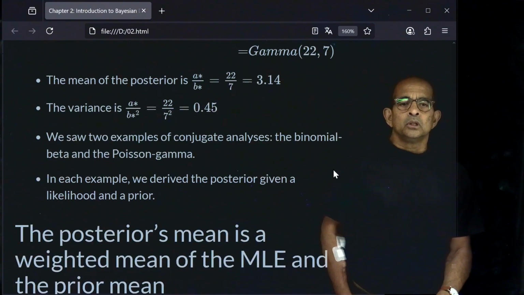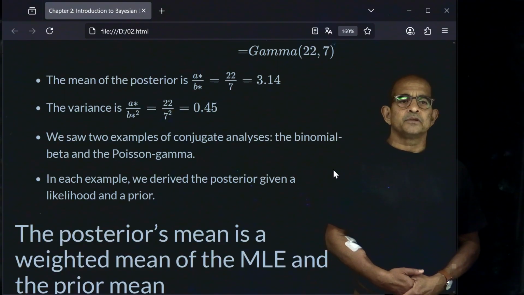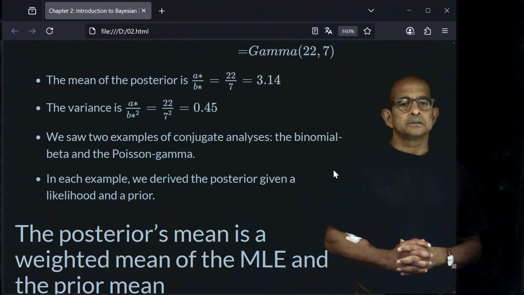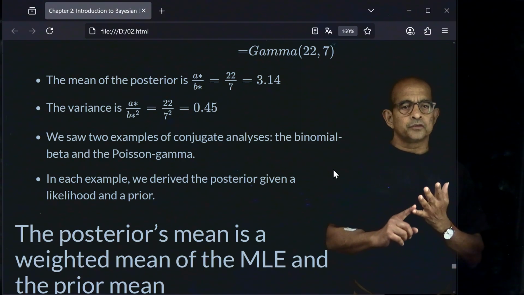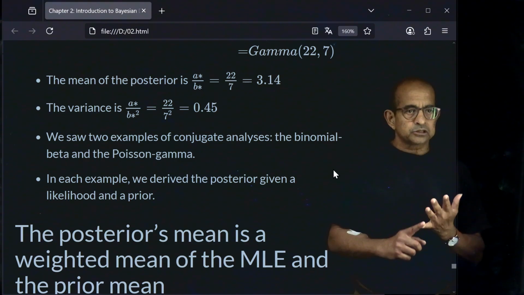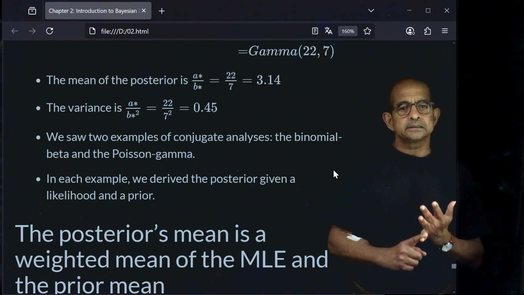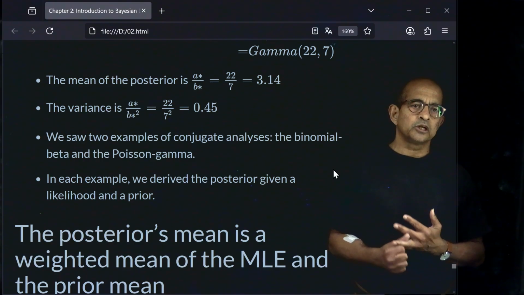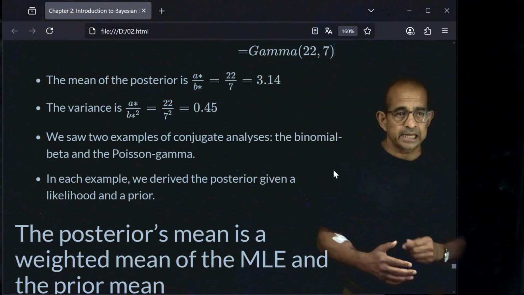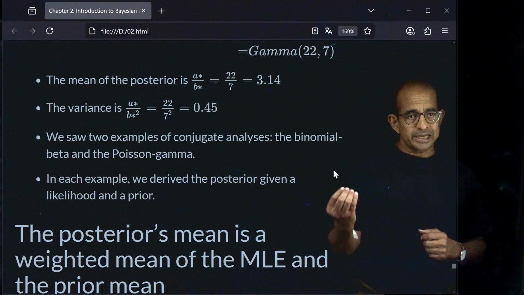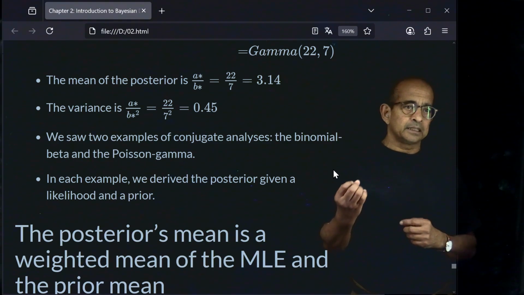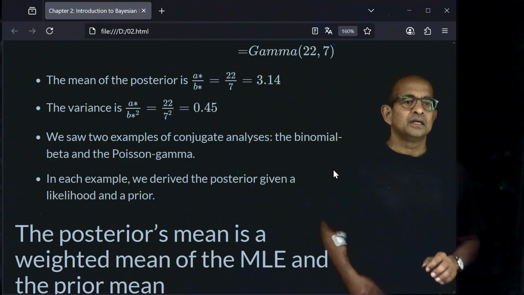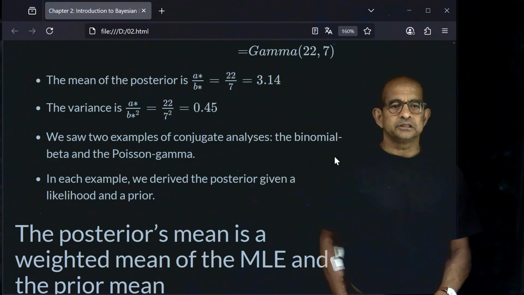So what we've done here is that we've carried out a conjugate analysis, right. We first saw the beta-binomial case, and now we've seen the Poisson-gamma case. So these are two canonical examples of conjugate analysis where the posterior on the parameter has the same form as the prior on the parameter, given some particular likelihood.